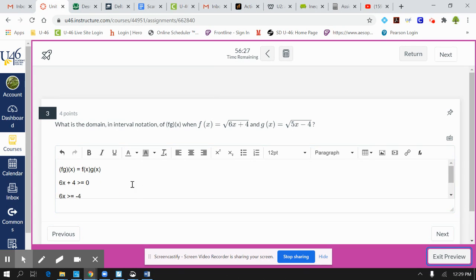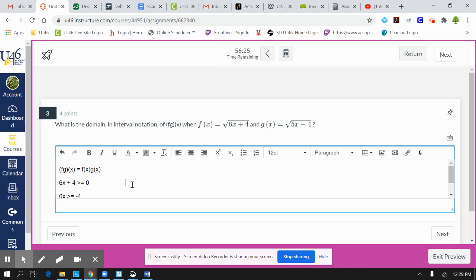For f, 5x minus 4 has to be greater than or equal to 0. Which means 5x is greater than or equal to positive 4, which means x has to be greater than or equal to 4/5.